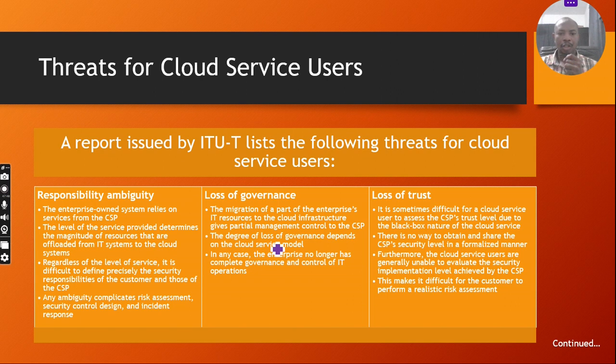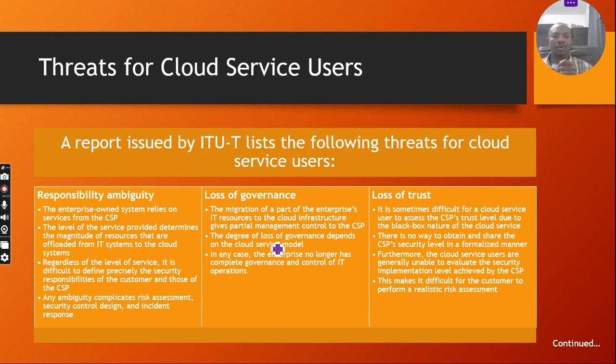Loss of governance. The migration of part of the enterprise IT resources to cloud infrastructure gives partial management control to the cloud service provider. So because you've migrated all your IT resources to the cloud, the cloud service provider already has access to all your content.